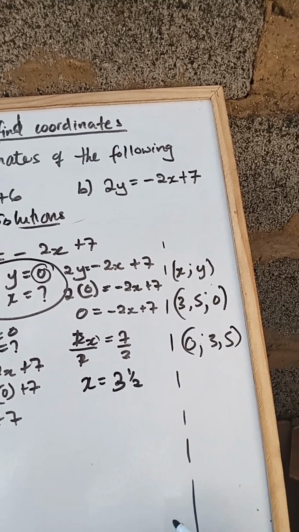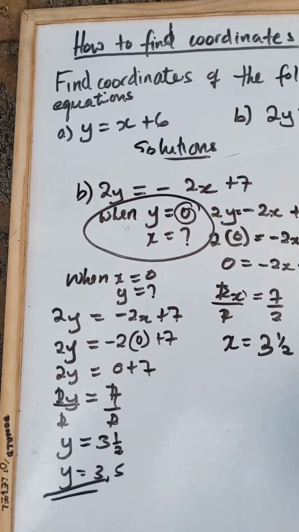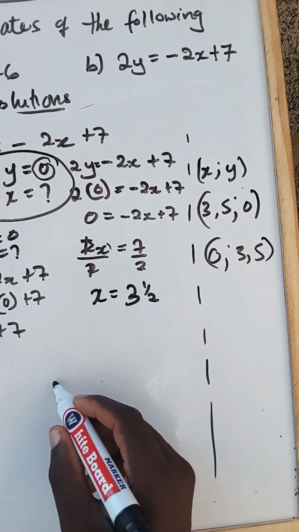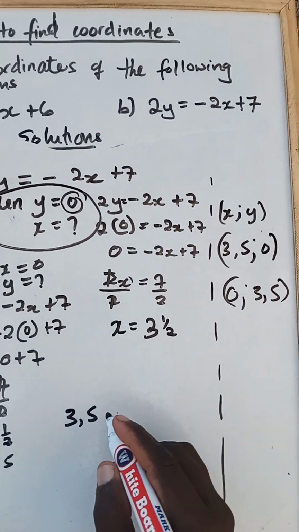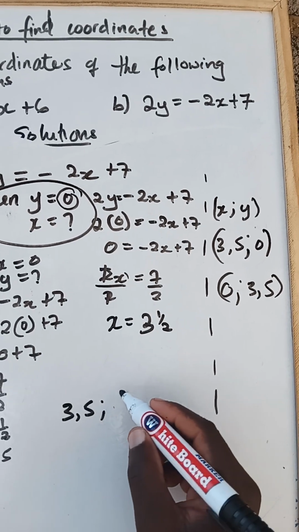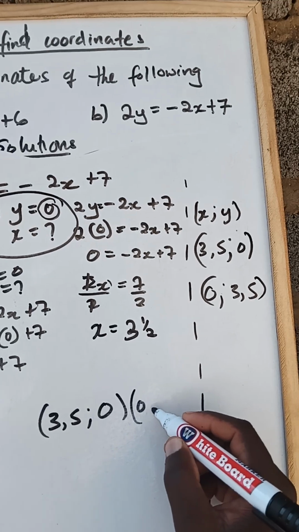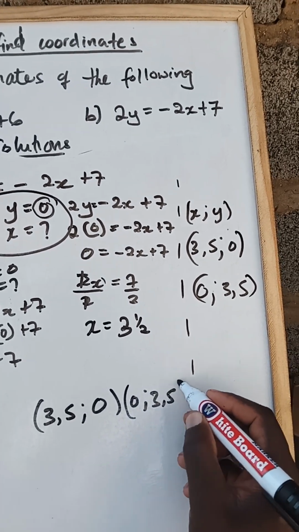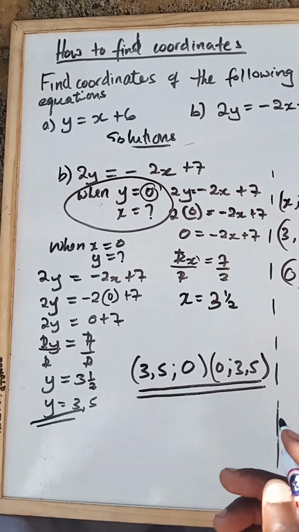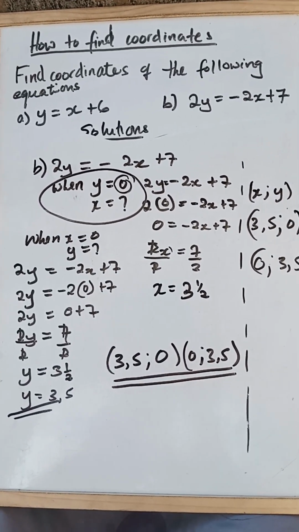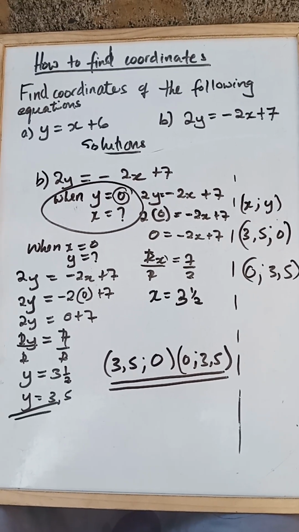These are the coordinates. So answering the question, let us combine the coordinates here. The first coordinate is 3.5 and 0. The second coordinate is 0 and 3.5. Here is the answer. So this is how it is done.